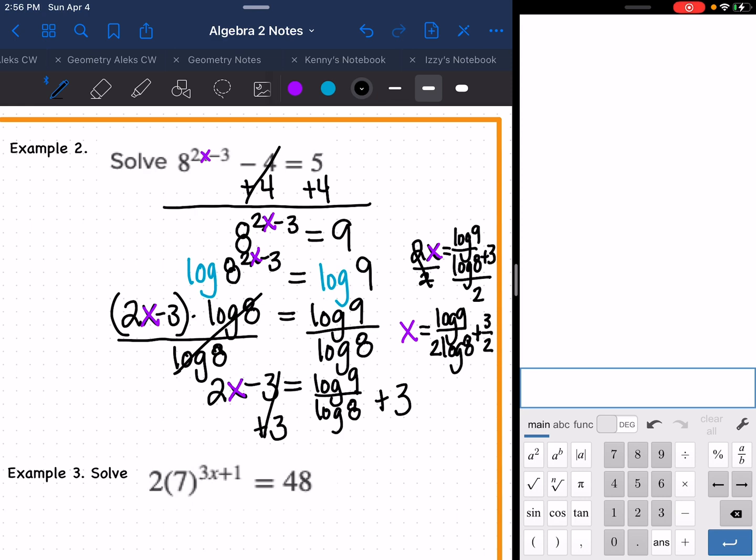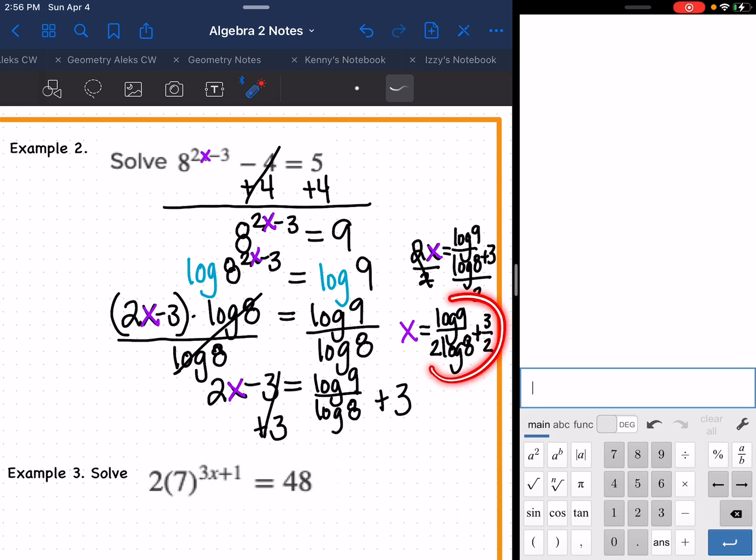So that 2 is going to go down into the denominator with whatever's in the denominator of your log to begin with. This 2 is going to end up in the denominator here, and then it's going to end up in the denominator of this one as well. And that's always the rule when you have to do a division like this.